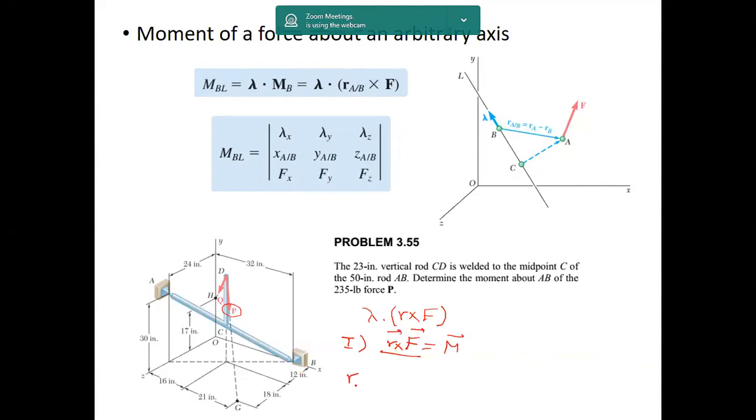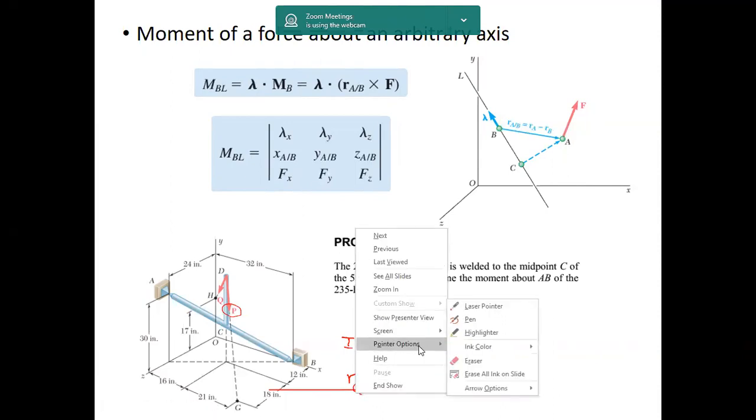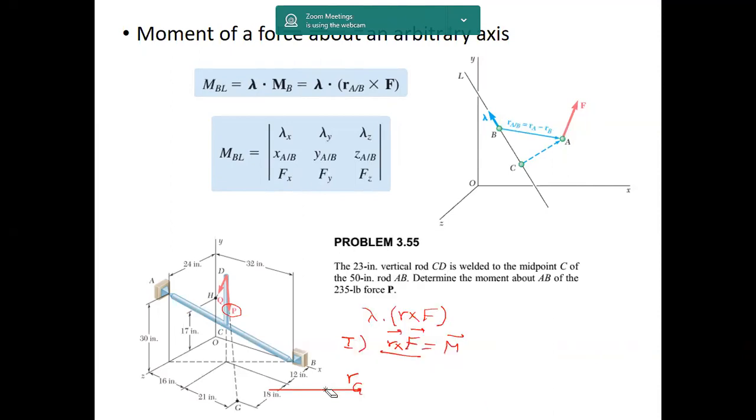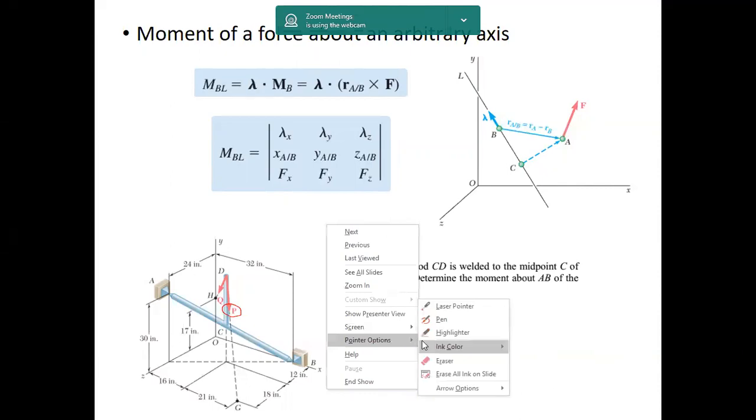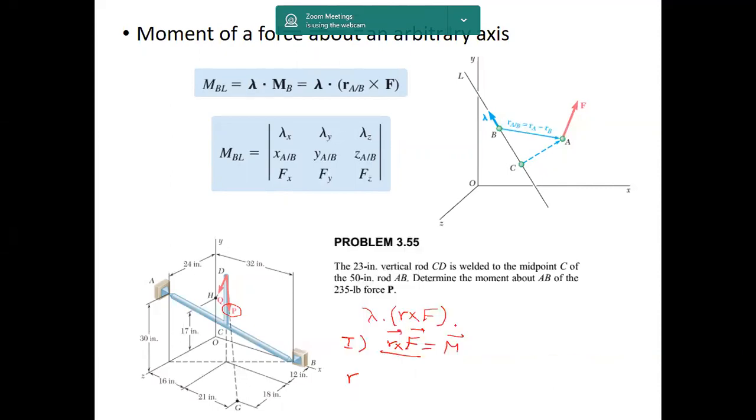This R would be from the point to the force's line of action. This force could start from B, or it could start from A and end at any point on the line of action of the force.